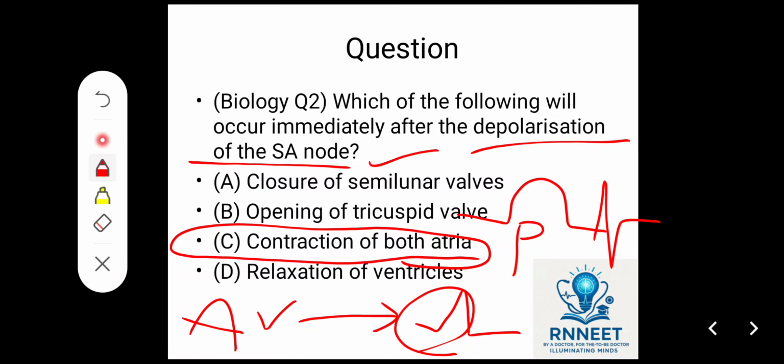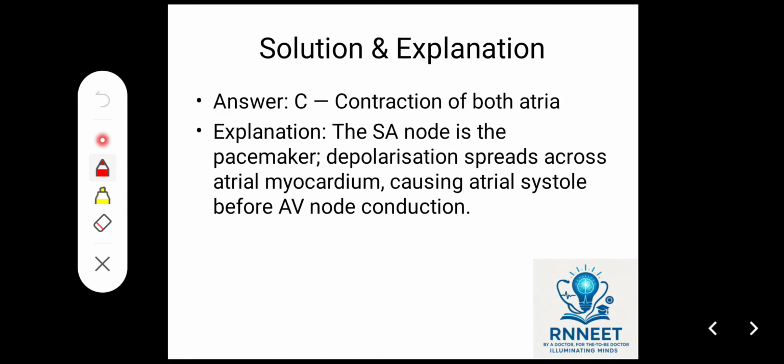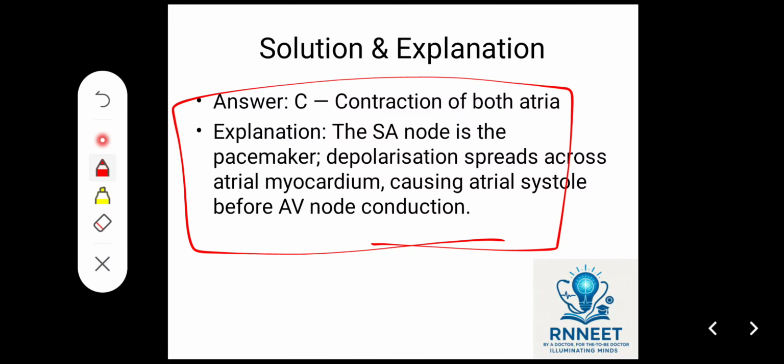The relaxation of the ventricles occurs after the depolarization of the ventricle. Then you get the T wave, which represents the relaxation of the ventricles. So after the SA node depolarization, it is a contraction of the atria, called the atrial systole.